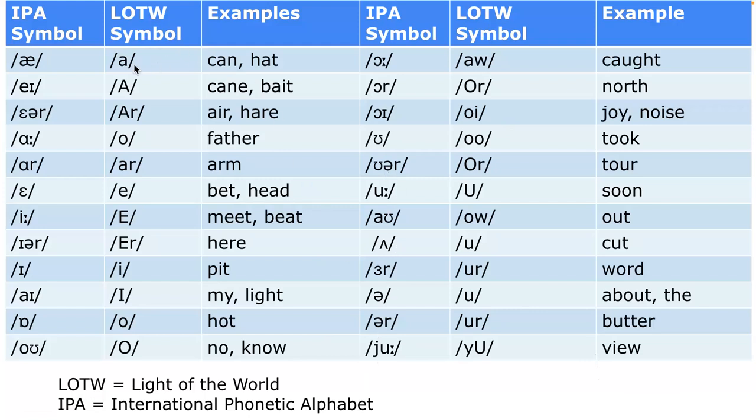And so our symbols for the sounds are found here in this column. We use capital letters to represent the long vowels and lowercase letters for the short vowels. But often in the dictionary, you'll see the International Phonetic Alphabet symbols. So we have these here as well.